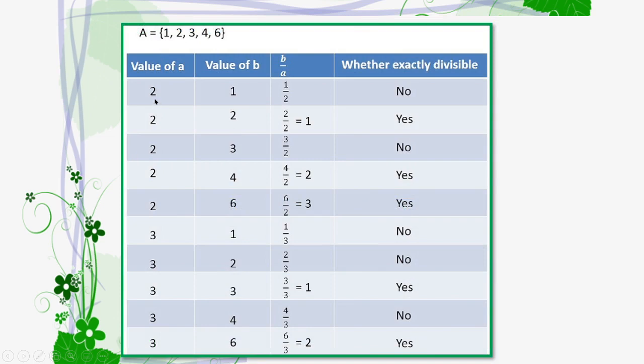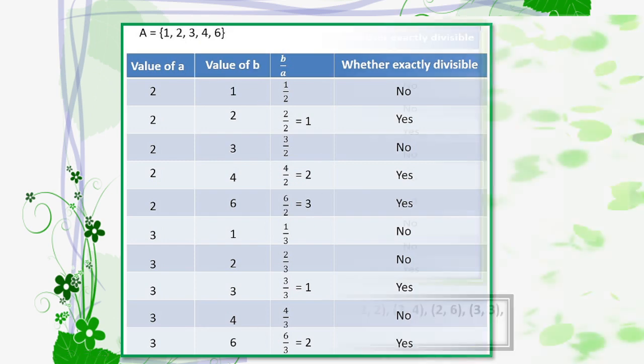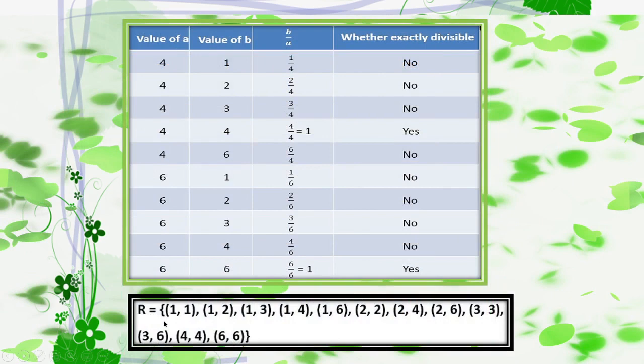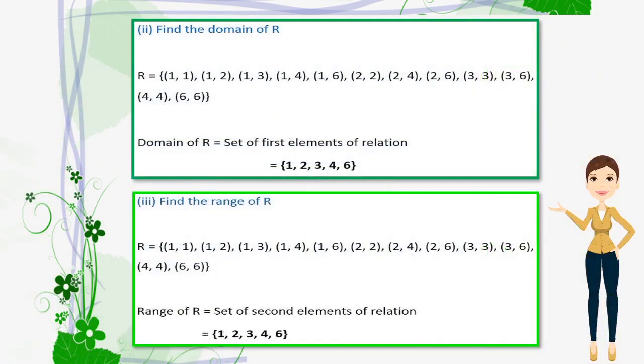Next, let's take the value of a as 2 and b as 1. Is it completely divisible? No. So this way again we have to check for all the values and we have to see whether the value of b is completely divisible by a or not. So the ones which are fulfilling the condition given in the question, all those ordered pairs will come in the relation.